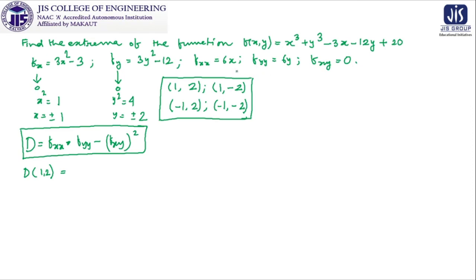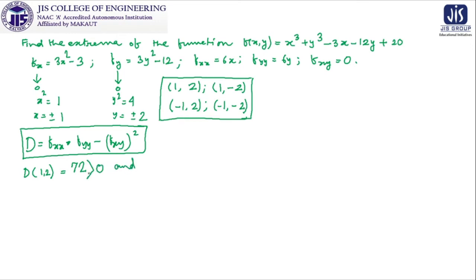So what you are getting for (1, 2) is 72. We are not interested in 72, we are interested whether it is greater than 0, less than 0, or equal to 0. So it is greater than 0.